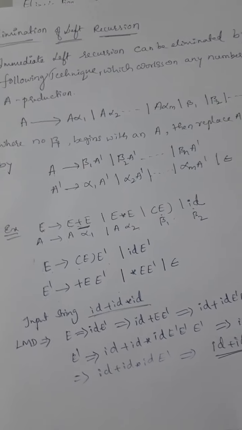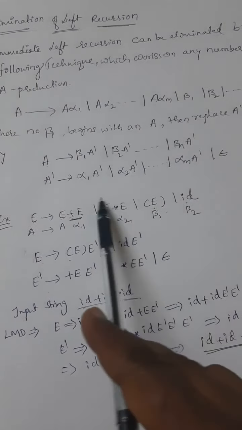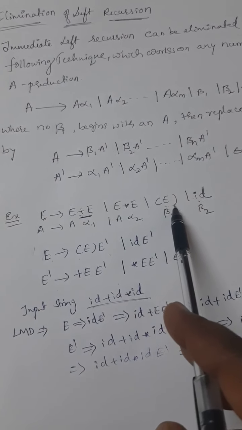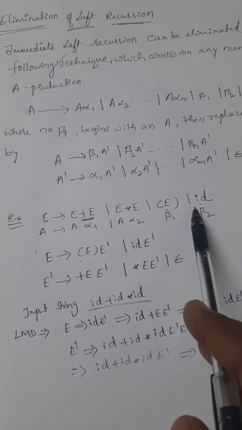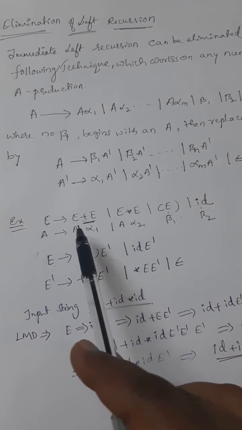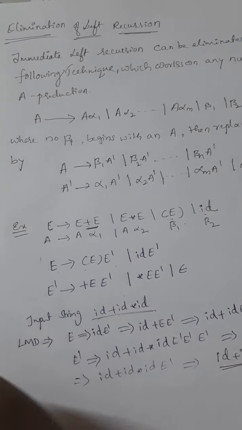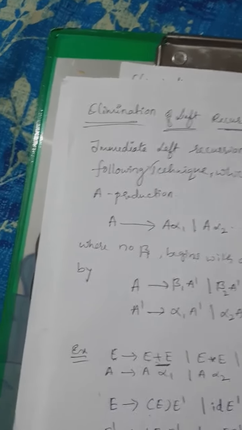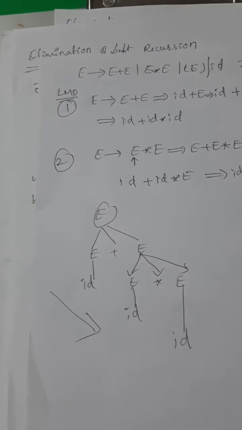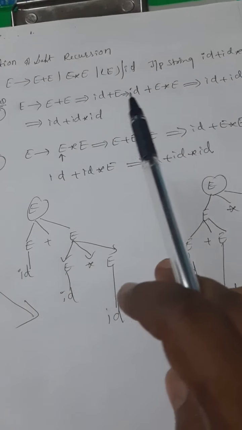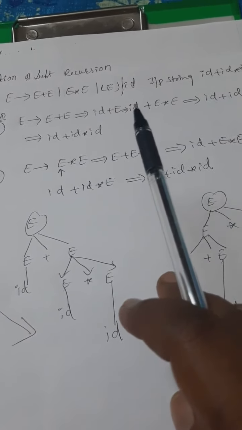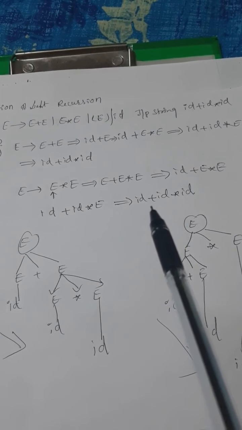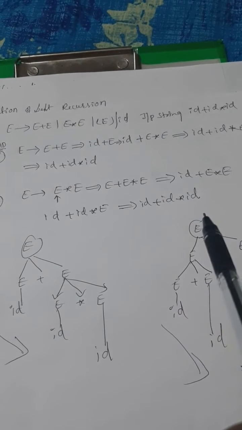Here I have considered a grammar, that is E produces E plus E, E into E, bracket E and ID. We discussed this grammar in the previous video. As we discussed, the given grammar is an ambiguous grammar because it constructs more than one parse tree for the input string id plus id into id.